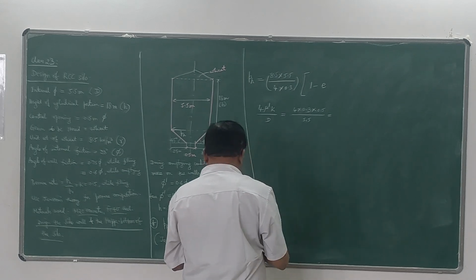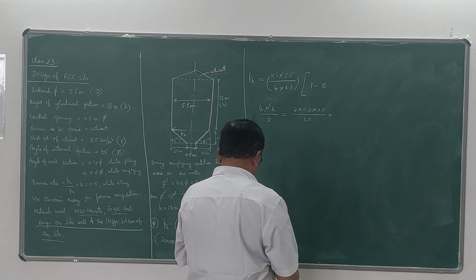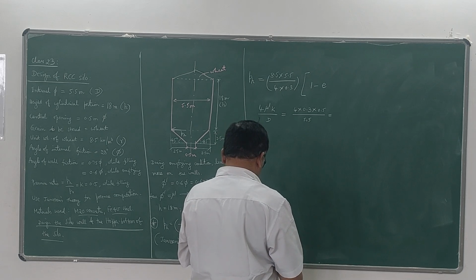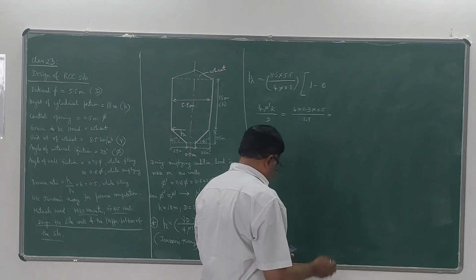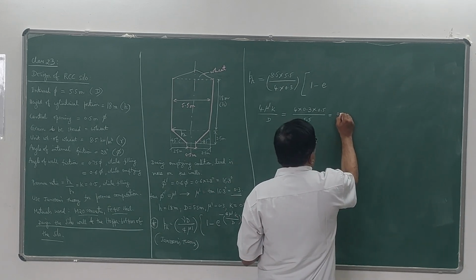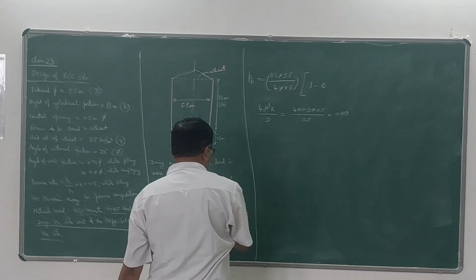So this value will be 4 into 0.3, that is 1.2, multiplied by 0.5 divided by 5.5. So it comes out to be 0.109.